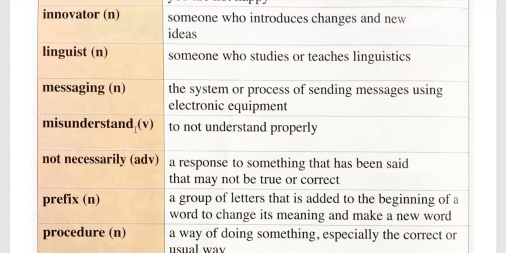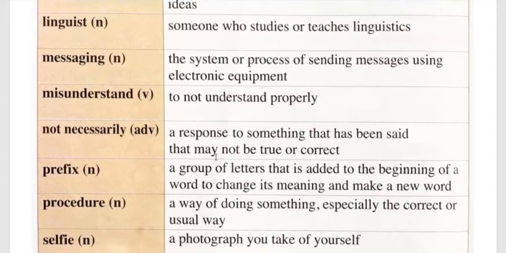We have here misunderstand as a verb and misunderstanding as a noun. To not understand properly, right? Not necessarily, a response to something that has been said that may not be true or correct. We have prefix and suffix.